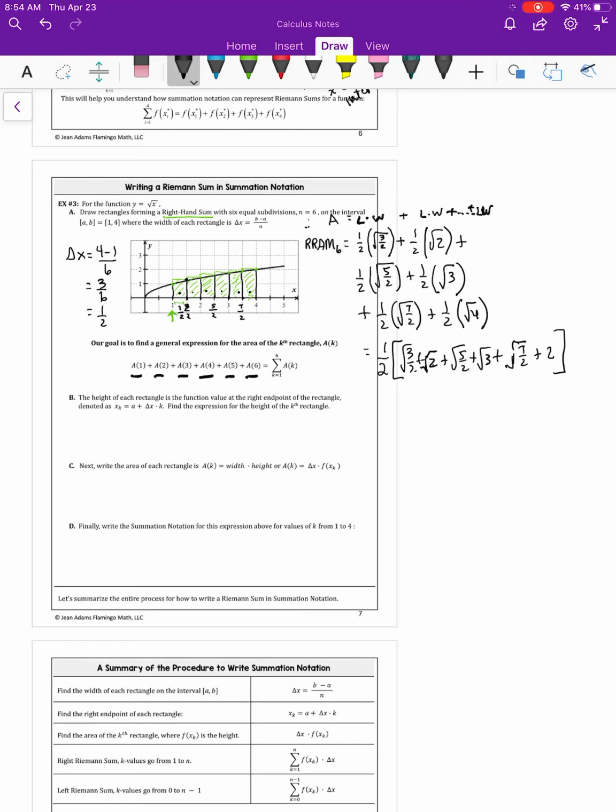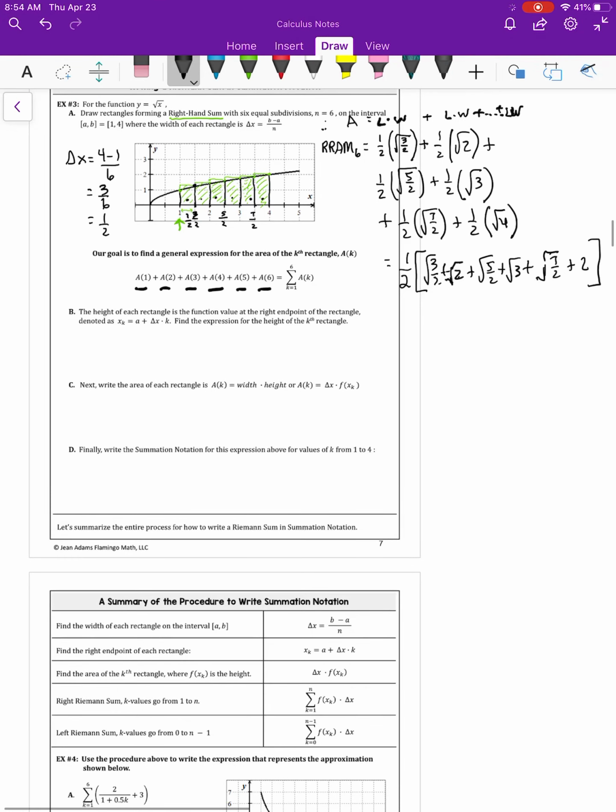Sorry, my pen's being weird here. Okay. I just want you to see how you've got your area 1 plus area 2 plus area 3 plus area 4 plus area 5 plus area 6, and that ends up being your summation from k equals 1 to 6. Okay, so that's why this is connected to the RRAM, MRAM, LRAM, trapezoidal that we did in the last lesson.